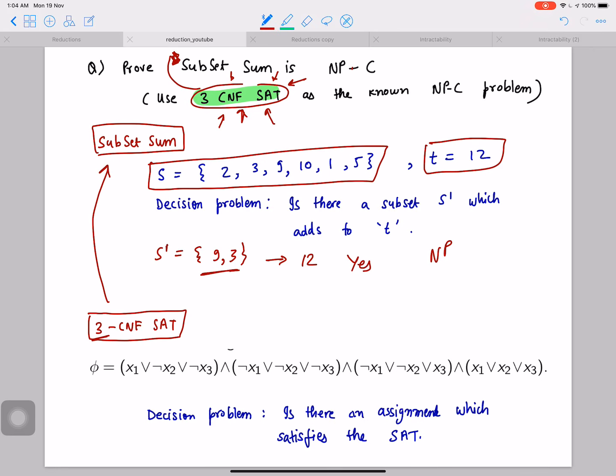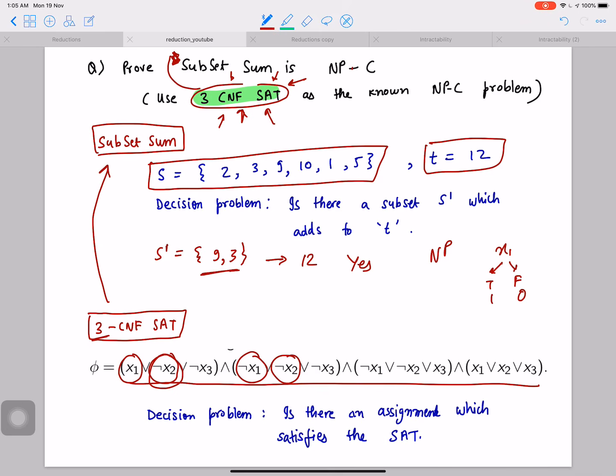It's a Boolean expression, and it has literals like x1, x1 bar, x2 bar, and so on. These literals can take the value true or false, or you can say 1 or 0. And x1 bar is just the opposite of x1.